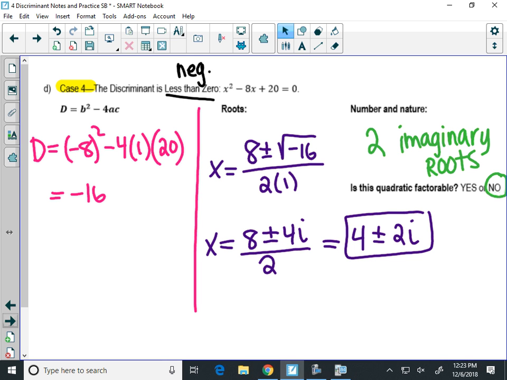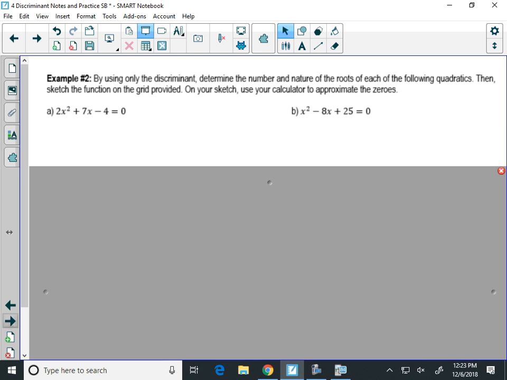If you get a discriminant that is 64, which is a perfect square, it would have 2 rational roots. So all we're going to do on the back, we have a couple graphs to look at and a multiple choice. We're going to calculate the discriminant, and then we're going to decide what kind of roots they're going to have. I'm going to show you then the picture, and we'll make sure we know where the roots are.